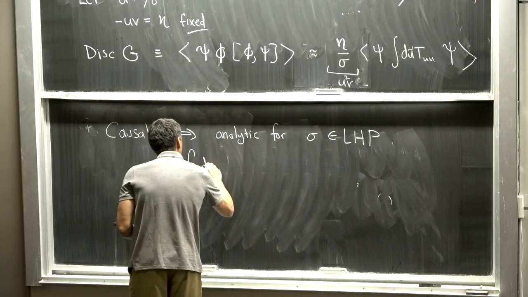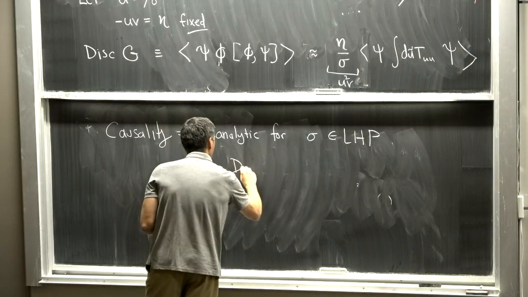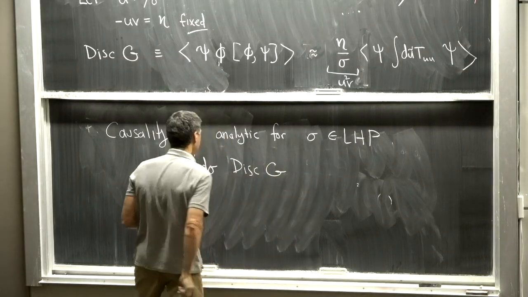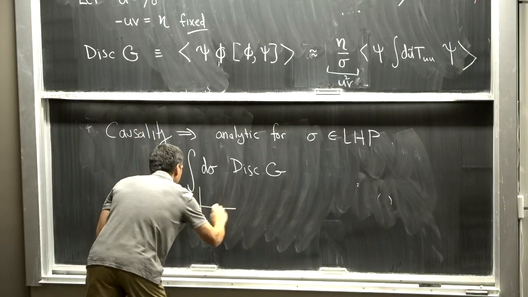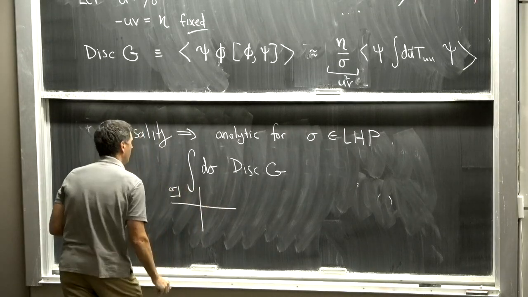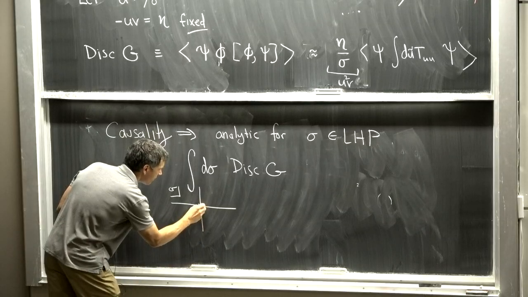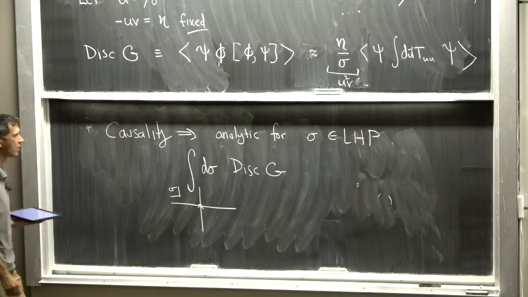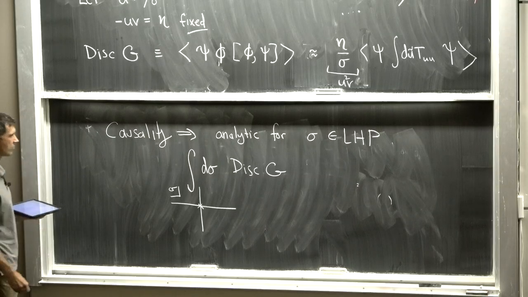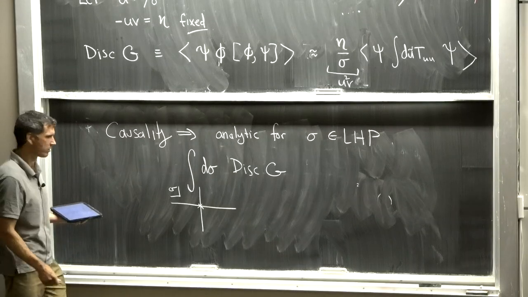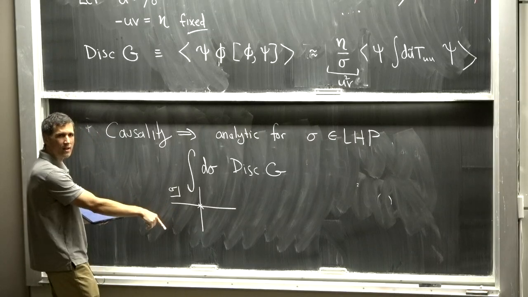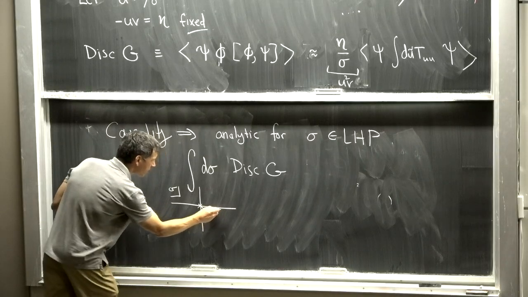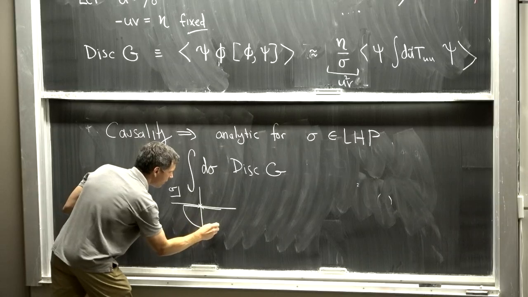We can calculate the integral d sigma of the discontinuity over the following contour on the sigma plane. There's a singularity at sigma equals 0. That's a coincident point, where you're hitting a light cone. But we know that it's analytic on the lower half plane by causality. And so I can do a contour integral that looks like this.